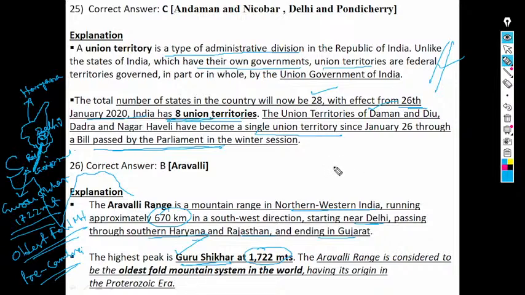It belongs to the pre-Cambrian time period, basically long back, 3000 million years back. It is about 3500 million years back.